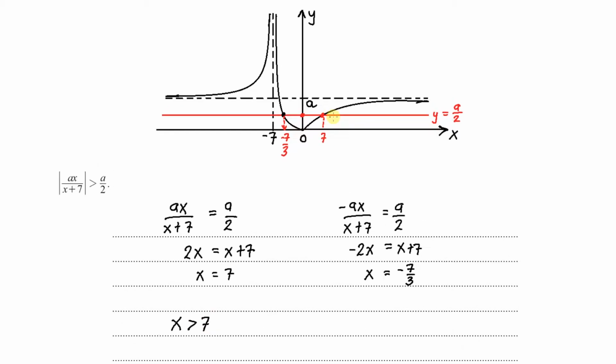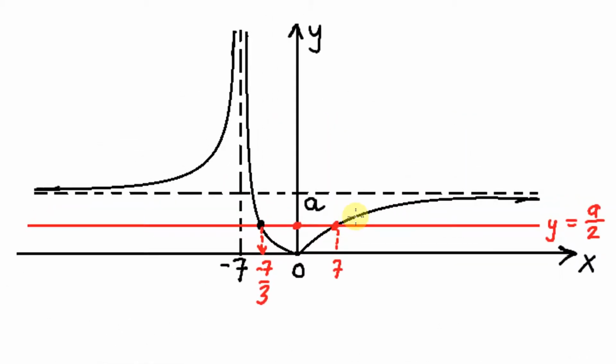So as we go beyond 7, the graph of modulus is above the graph of y is equal to a over 2. And if we go back to the other critical point, where x is minus 7 over 3, you can also see that as we move from minus 7 over 3 to the left, the graph of modulus is also above that of y is equal to a over 2.